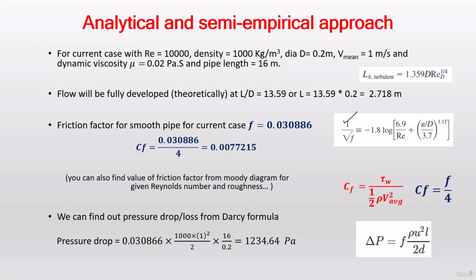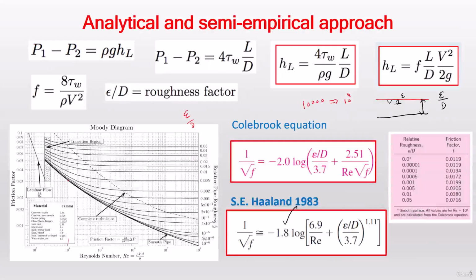An important thing is why I didn't use the other one: because it contains f in both terms, and this requires a numerical method to solve. But this one can be solved very easily by putting epsilon by D equal to 0 and Reynolds number equal to 10 power 4.